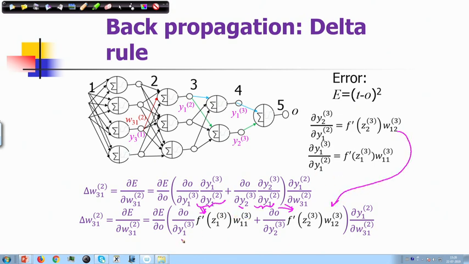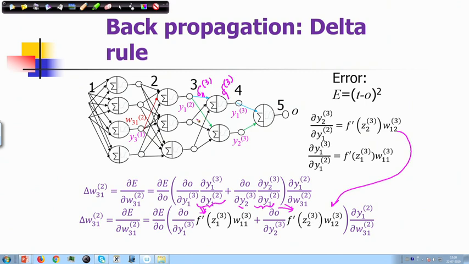Now, we define delta 1 1, like I have defined earlier. This is delta 1 3, and at this edge this is delta 1 1 3, and that gets multiplied with W 1 1 3.